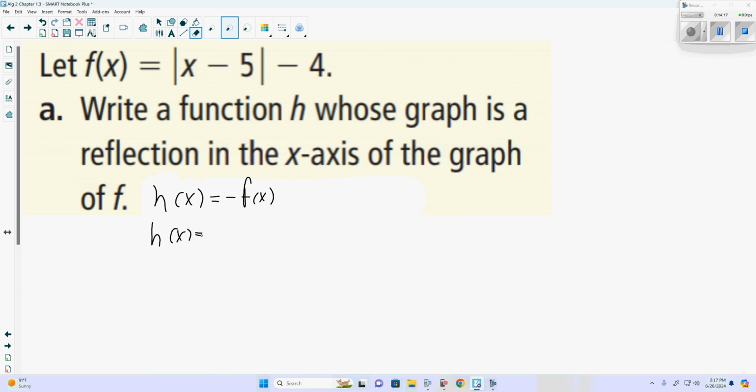When it's in the y-axis, it's f of negative x. Well, for this here, our next step is going to be replacing f of x with its function. So we'll have parentheses, x minus 5 minus 4.